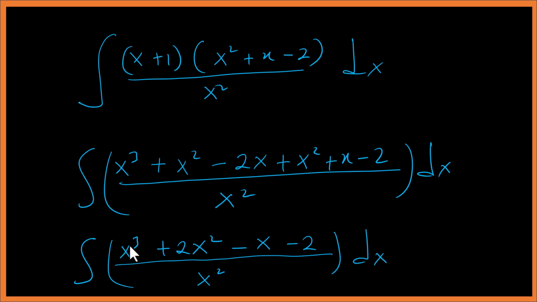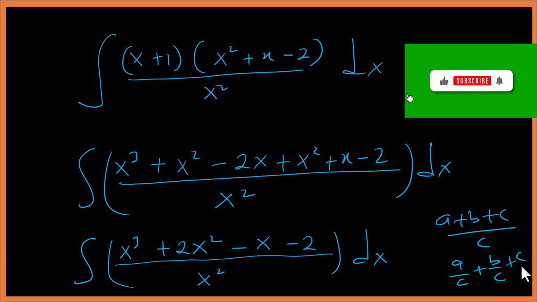Now let's divide each term by x squared. It's like having a plus b plus c over c, which is a over c plus b over c plus c over c, where this last one will be 1.